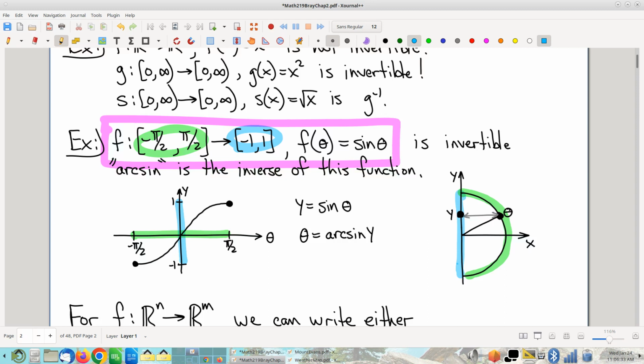So this function, as written, is invertible. Notice, in order to make this invertible, I have to restrict my domain and I have to restrict my target. Otherwise, I won't be able to define a well-defined, unambiguously defined function.